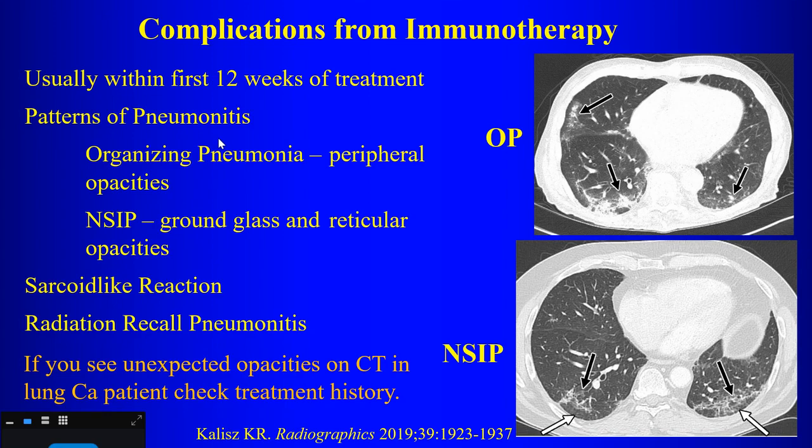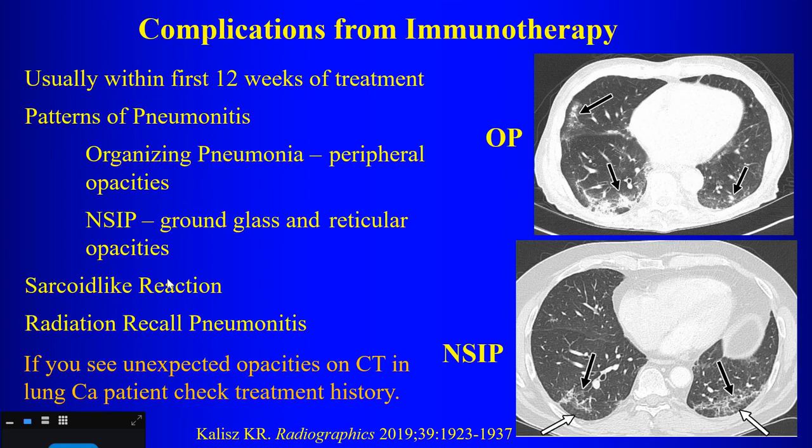There can be some patterns of pneumonitis. Organizing pneumonia is a typical pattern that tends to give you these peripheral consolidations, like you see here. NSIP can give you ground glass opacities and reticular opacities, again in a peripheral distribution, sometimes with subpleural sparing.